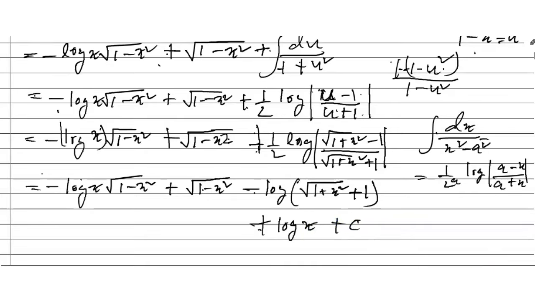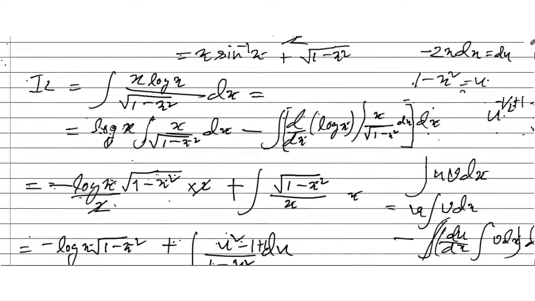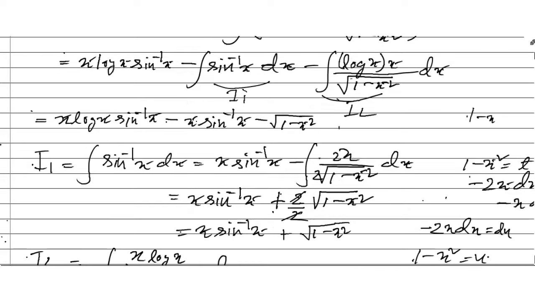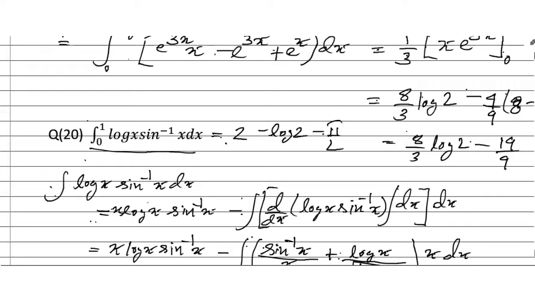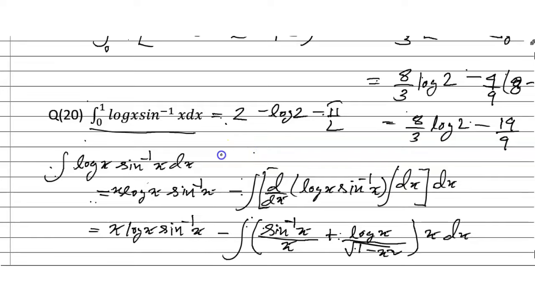So this is my total value, friends. I am putting this value plus I2 and writing it, and this value can be written as I.